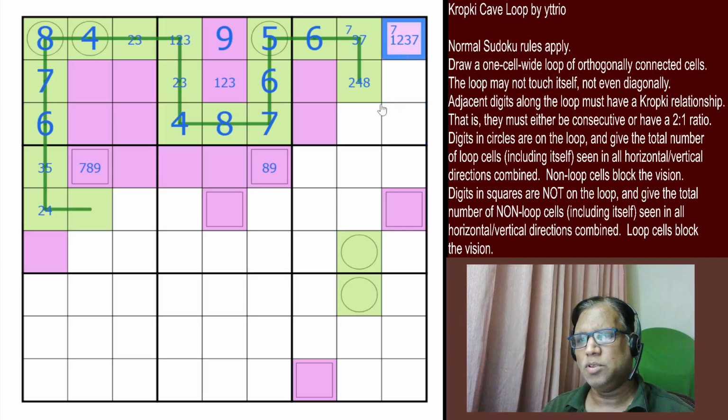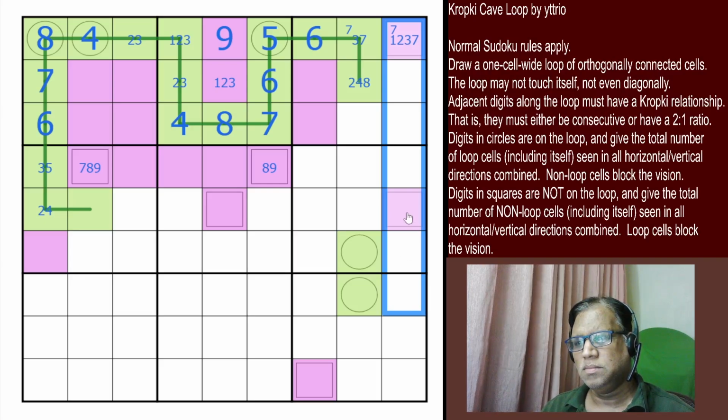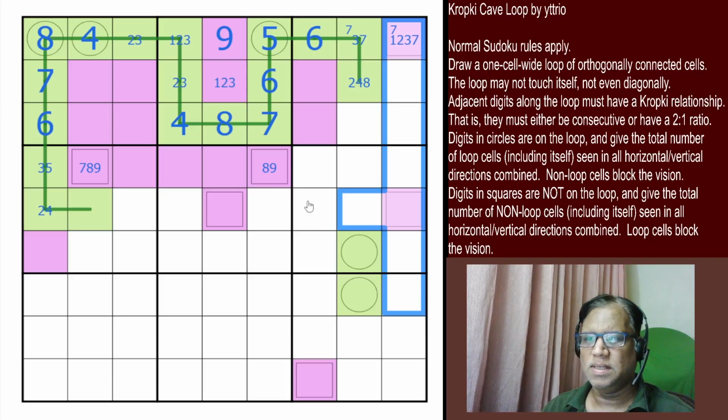Is that 7 possible? Is what I'm thinking of. Because that 7 means 1, 2, 3, 4, up to here, right? That must now be more than 8 or 9. So up to here. Now these two go something like this.